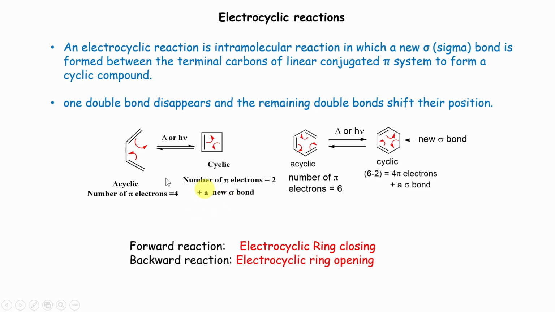The forward reaction is called electrocyclic ring closure, while the backward reaction is called electrocyclic ring opening. That means electrocyclic reactions are reversible in nature.